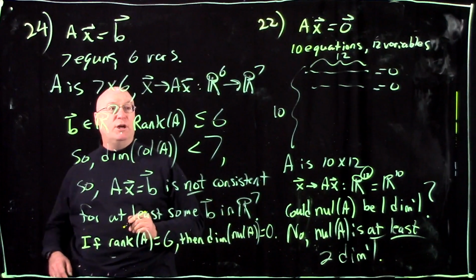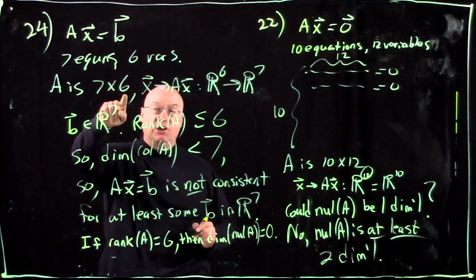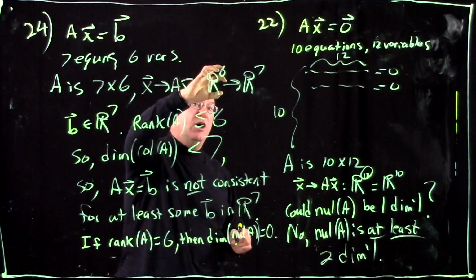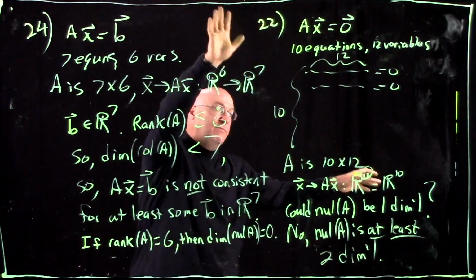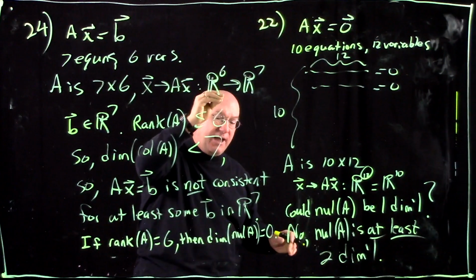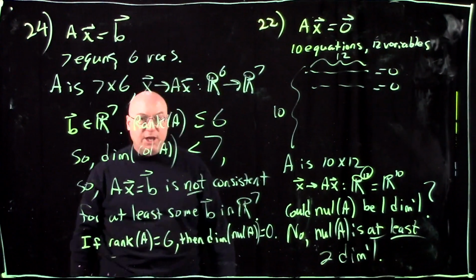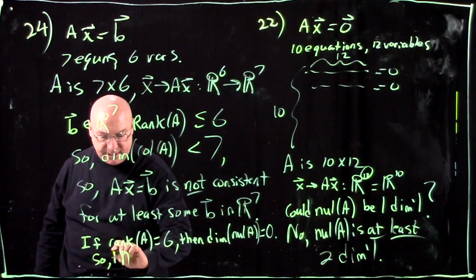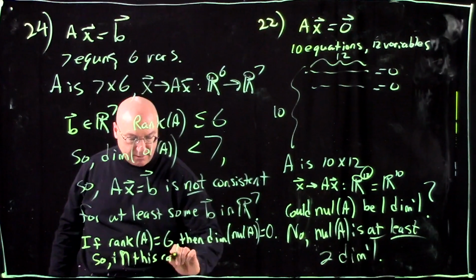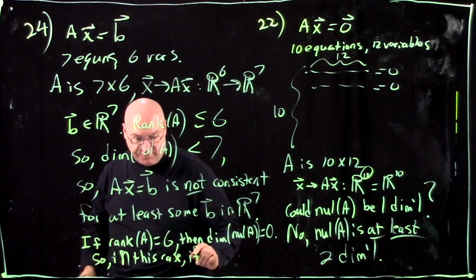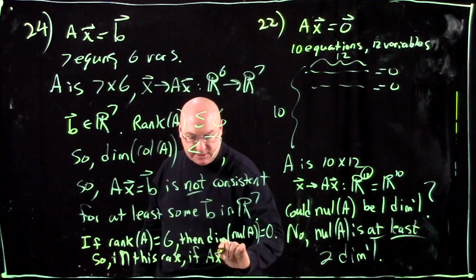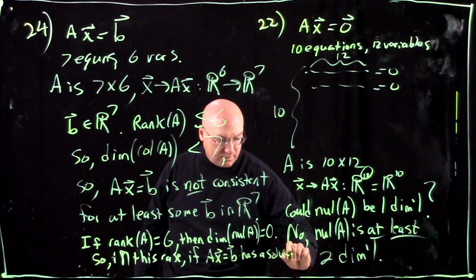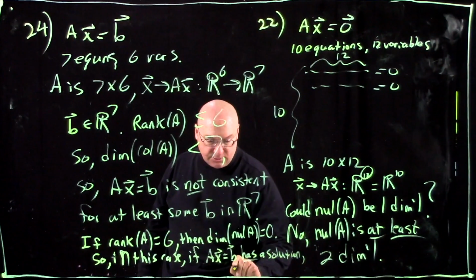It has to be 0 because I have 6 columns. And if the rank is 6, what I've done is I've taken all of R6 and I've dumped it out in every possible way in R7. I've squished nothing down. The dimension of the null space is 0. So in this case, if AX equals B has a solution, it's unique.